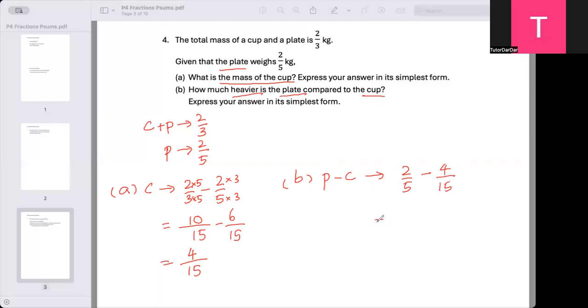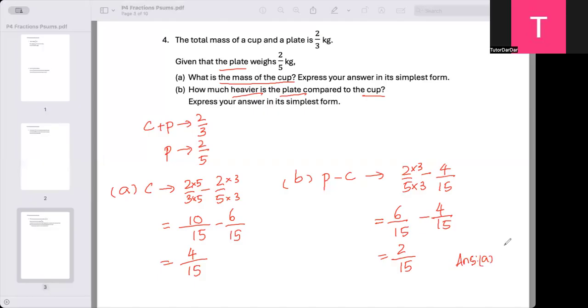So now it's obvious the denominator has to be 15. So multiply by 3, multiply by 3. We have 2 times 3 is 6, 5 times 3 is 15, minus 4/15. So we are left with 6 minus 4, 2, 15.